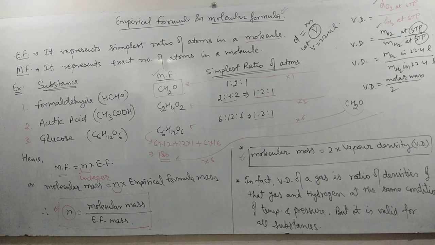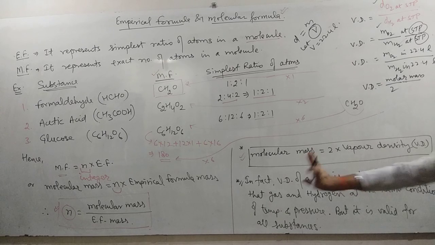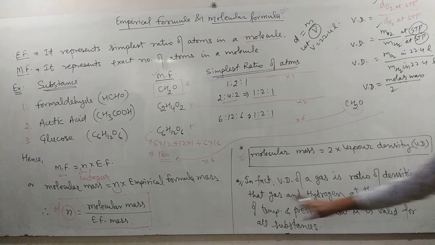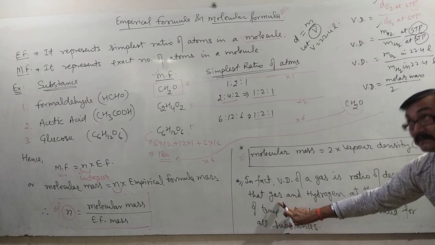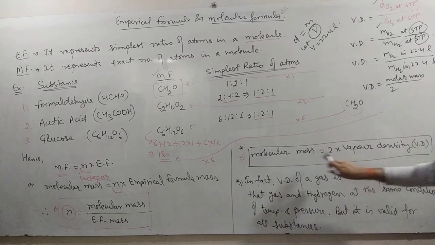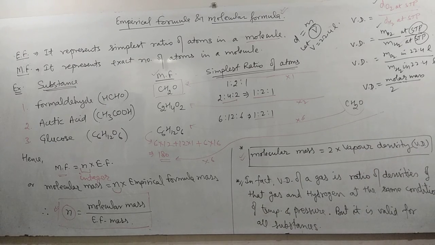Is that clear? So in fact, what is vapor density? The vapor density of a gas is the ratio of the density of that gas with respect to hydrogen. So the formula is molecular mass is equal to 2 into vapor density.